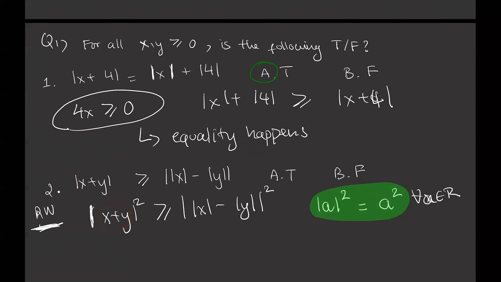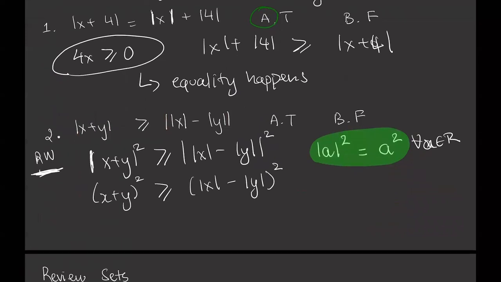So the absolute value of x plus y squared is actually x plus y squared. And you can imagine all these parts as a, then it will be equal to the absolute value of x minus the absolute value of y, squared.